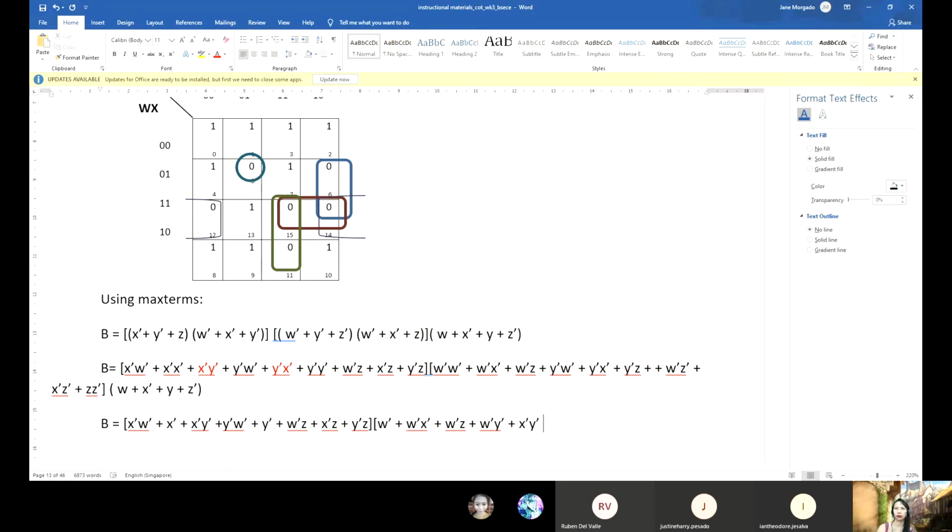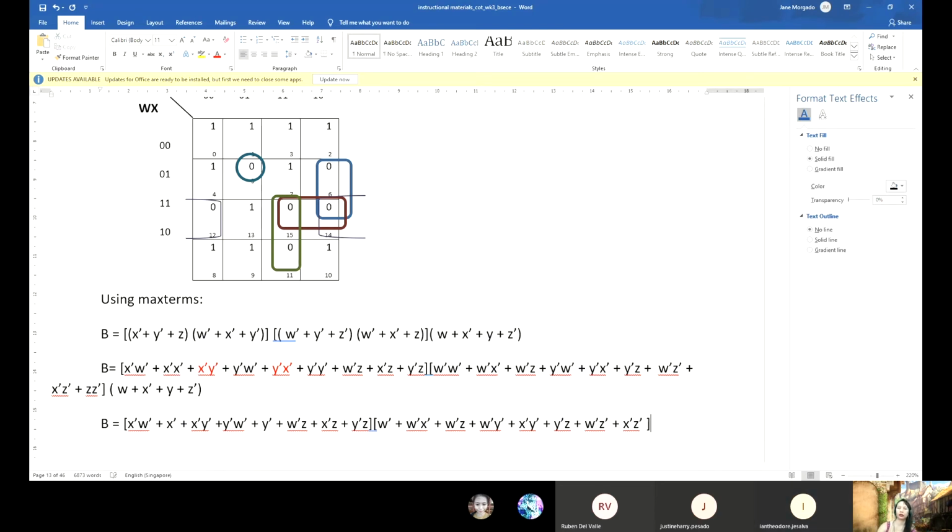Okay. Plus y prime z, plus w prime z prime. Okay. Plus w prime z prime plus x prime z prime. Okay. X prime z prime. And then z z prime is equal to 0.